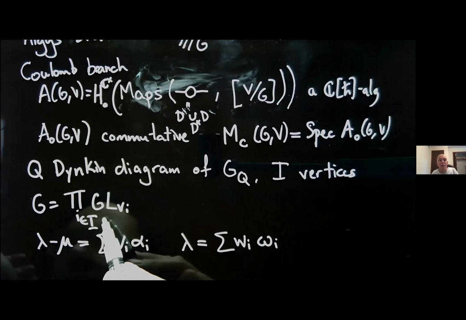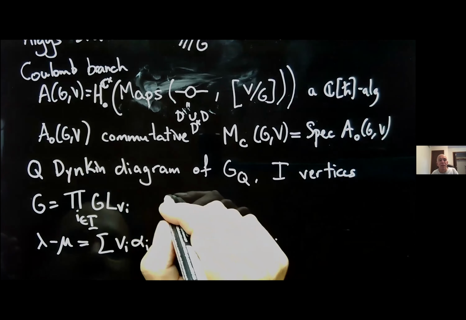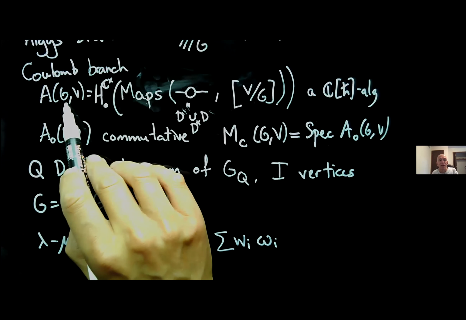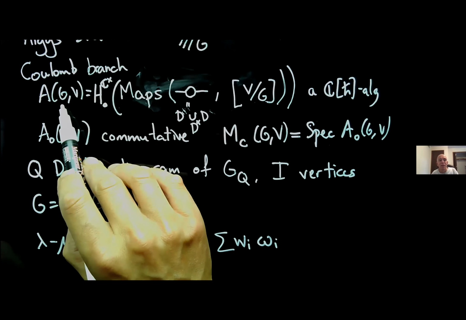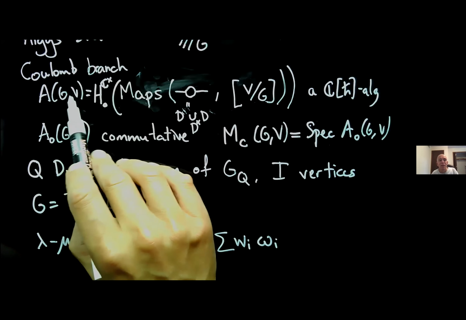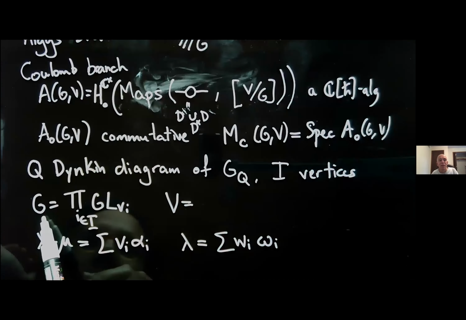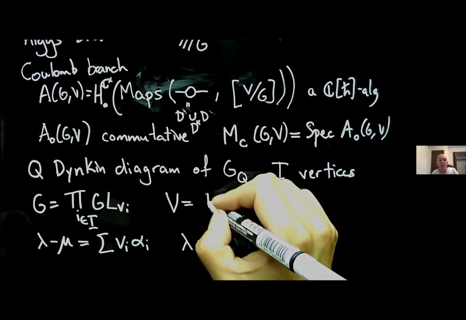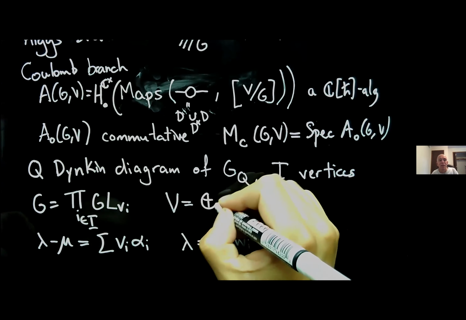So G is this product of GL_{V_i}s, and then the other piece of data for a Coulomb branch is a reductive group and a representation. So here's my group. Now I need the representation. Well, it's familiar to those who know about Nakajima varieties, what you need to make the Nakajima variety.